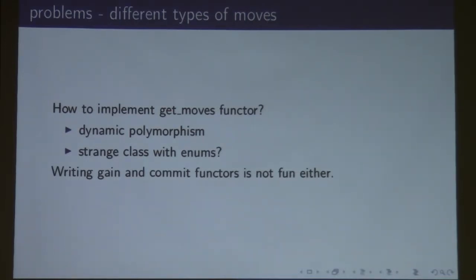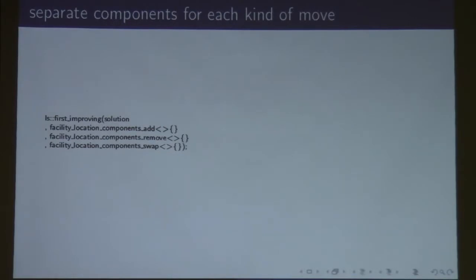So how can we solve this problem? The idea is actually very easy. We can have components for each type of move, and the library should just somehow handle it and do it efficiently.